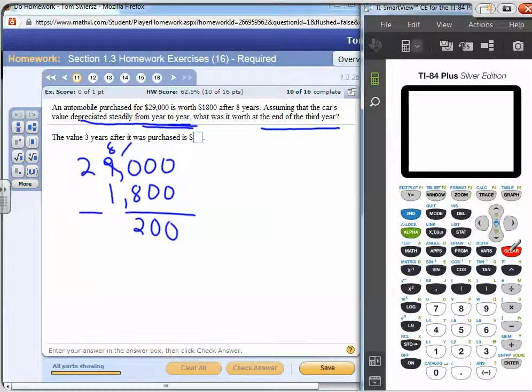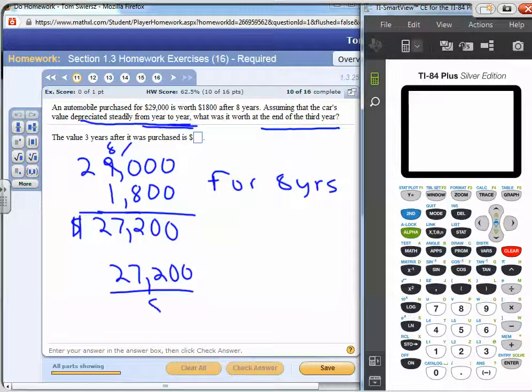can't subtract. 8 minus 1 is 7. 27,200 is the depreciation for 8 years. So per year, we'll take 27,200 divided by 8. Okay, that will give us our depreciation per year.